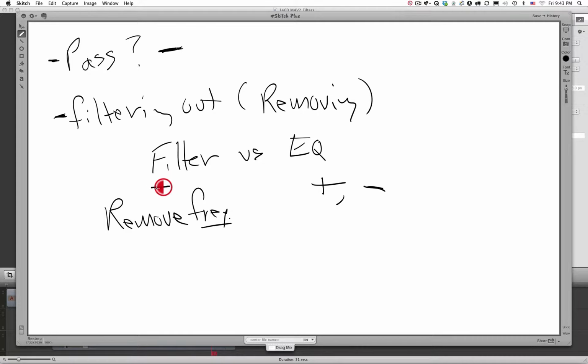So filters only remove or subtract frequencies. EQs can add and subtract frequencies. That's a basic way of differentiating between what a filter does and what an EQ does. They both manipulate the frequencies, but filters, for the most part, just remove frequencies. They don't add them.